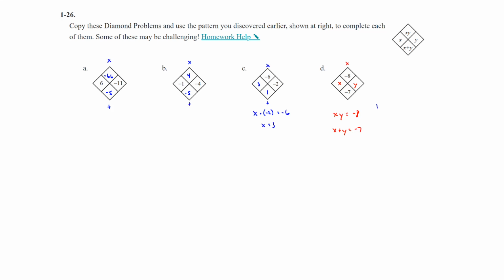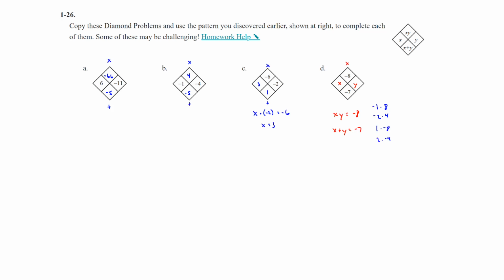So what times 8? Well, we have 1 times 8 and 2 times 4. Now both of these give us a positive 8. So if it's going to be a negative 8, one of the sets of numbers has to be negative. So I just made it negative 1 and 8. Negative 2 and 4. It also could be 1 times negative 8 or 2 times negative 4. So you have that option as well.